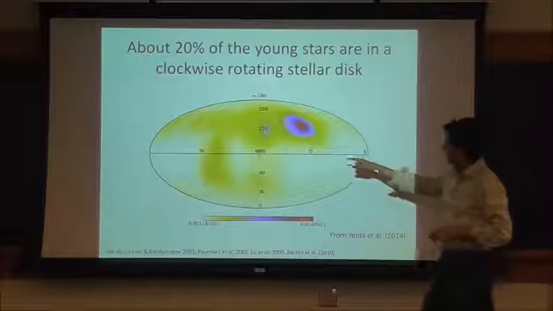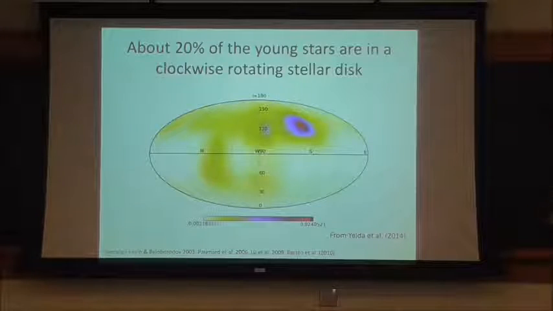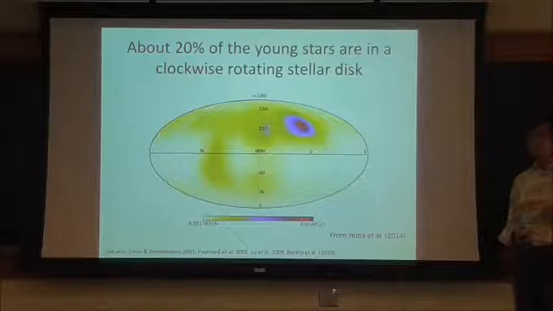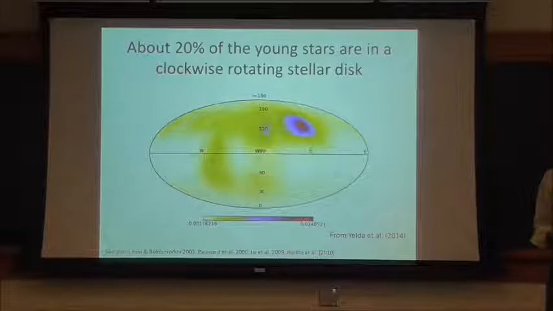Basically there's a large concentration of angular momentum vectors in this direction, and that tells you that there's a disk. Silvana Yella did this analysis, and she did some simulations to show that if you put all the stars together, about 20% of the stars are consistent with being on a stellar disk.